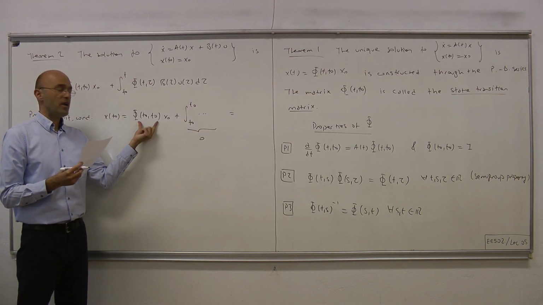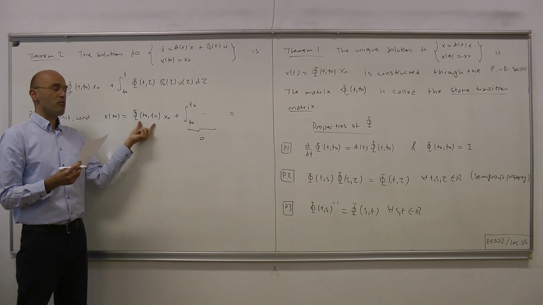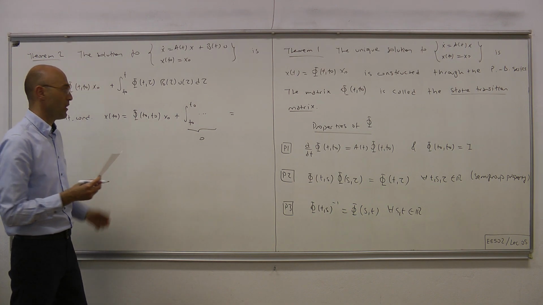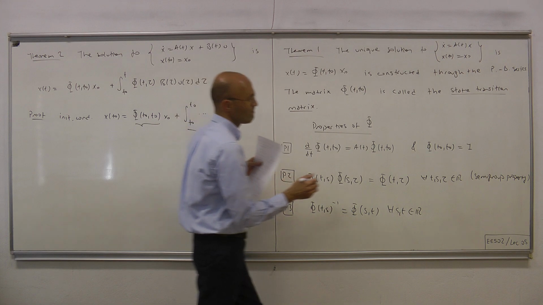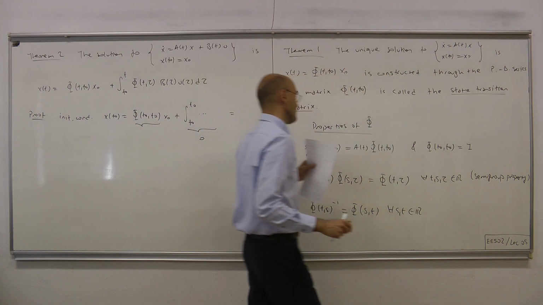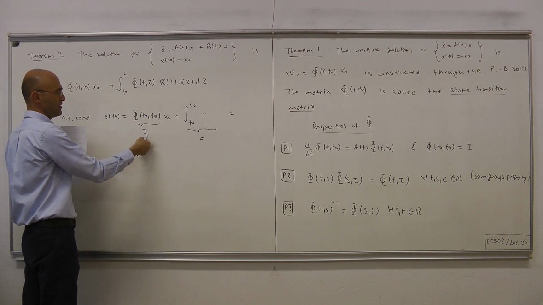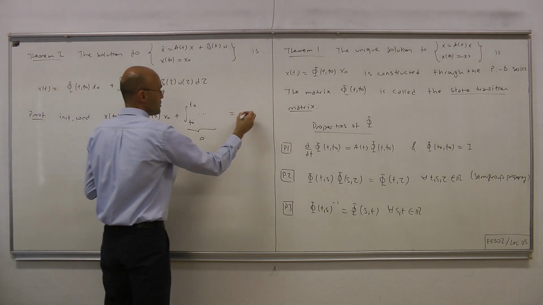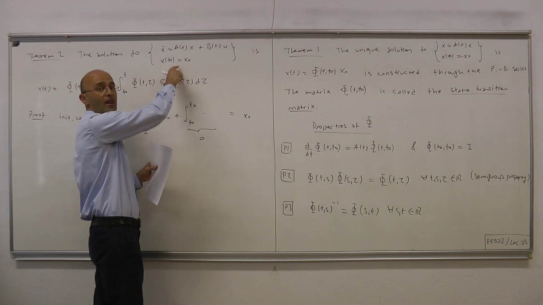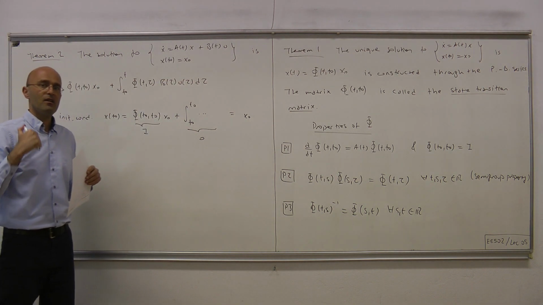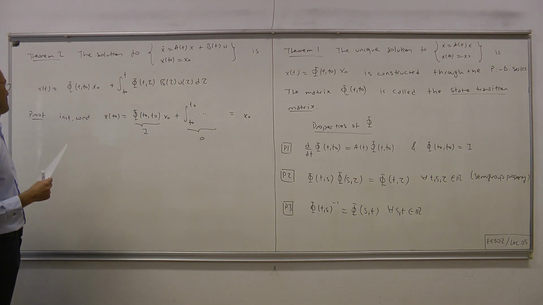And since here we have the transition matrix with both its arguments equal to one another, this is the identity matrix. So x(t0) equals identity times x0 plus 0, which is x0. Hence, the initial condition constraint is easily satisfied.